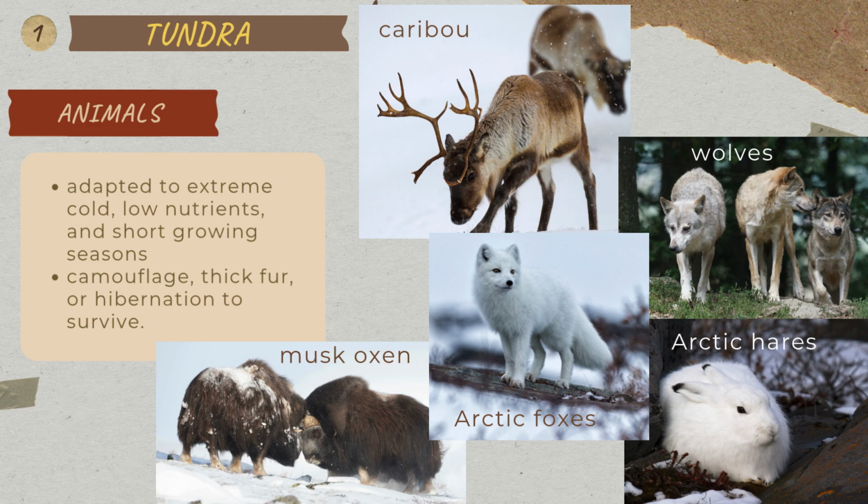Okay, another thing that is notable among animals here, for example the predators present within this biome, like Arctic foxes. We all know that Arctic foxes, since they are predators, tend to be more aggressive when it comes to getting their food. But in this case, since nutrients are very low, they can be flexible in a sense that they can do scavenging.